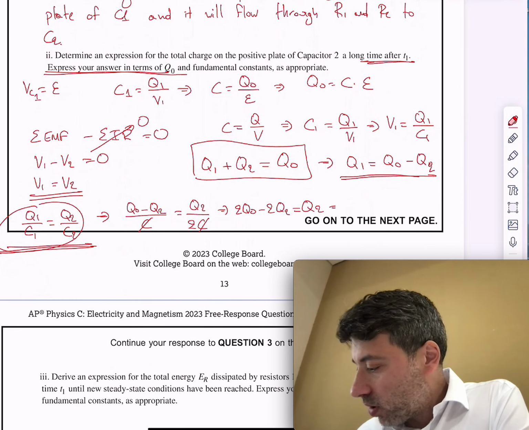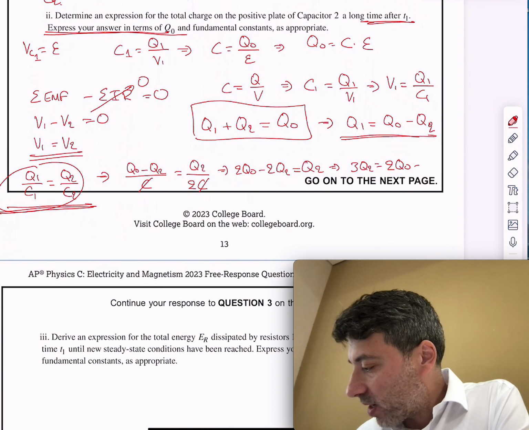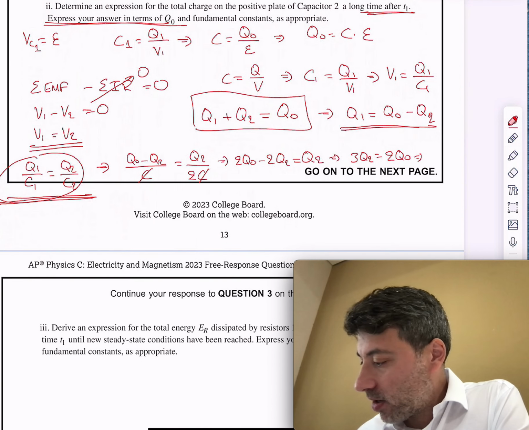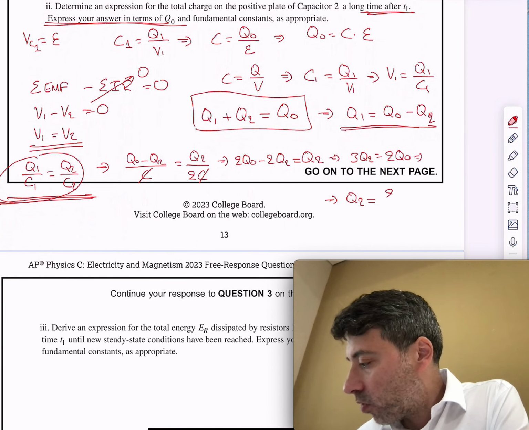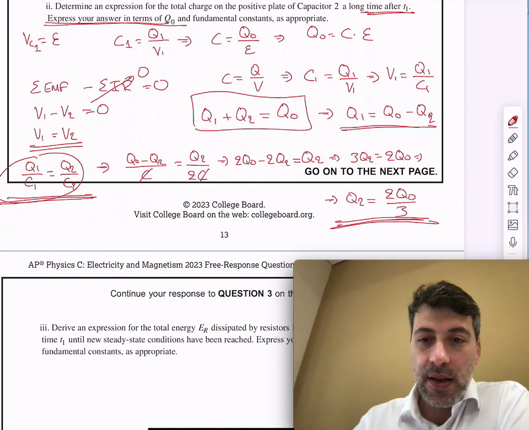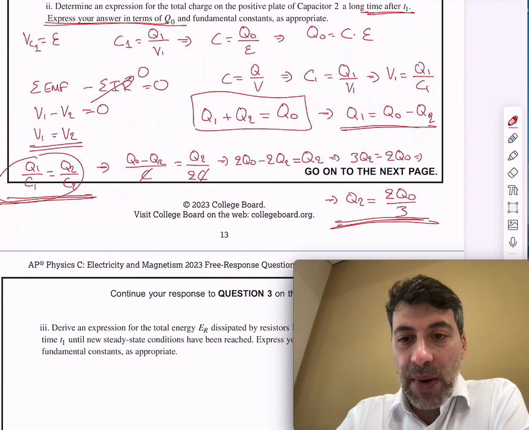So 3Q2 is equal to 2Q0, and from this we bring the last result, our final answer, that the Q2 will be equal to 2Q0 over 3, which is the final charge after a long time on the capacitor 2.